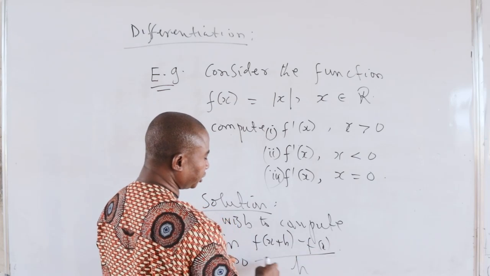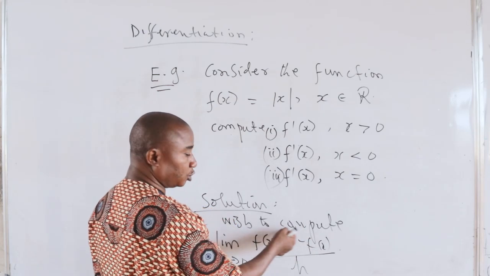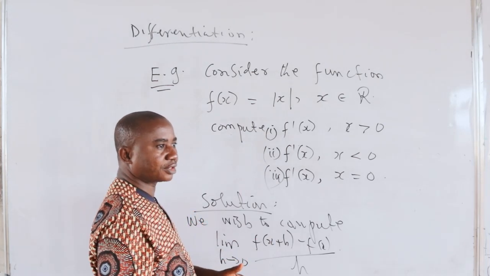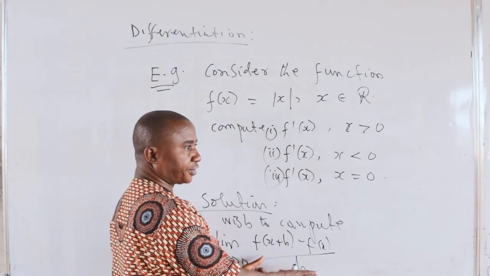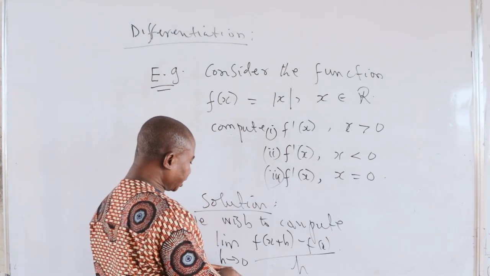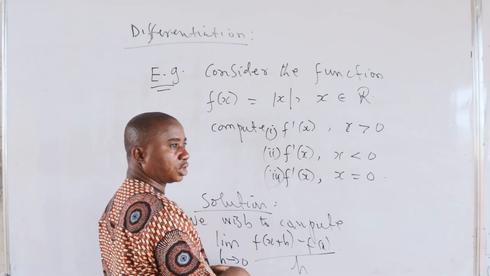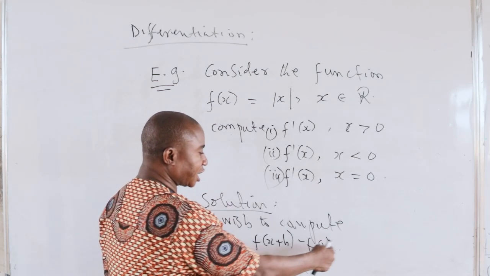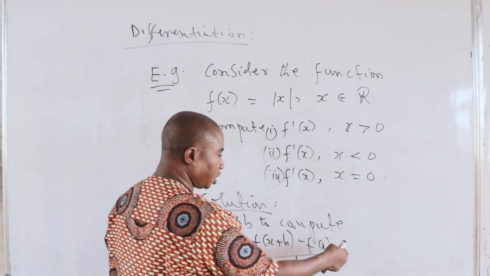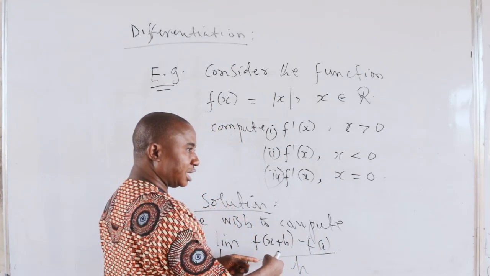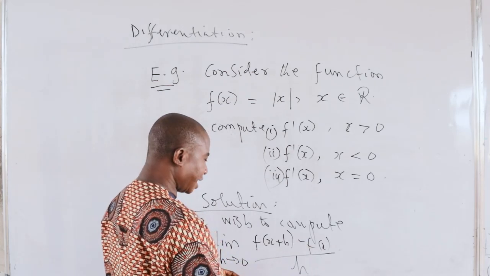When you simplify what is available on the quotient for you, and then get this last expression for the simplification, at that time, you'll be able to know whether when you take the limit as h tends to 0, that limit exists or not. If that limit exists, then you can say, oh, this is what the limit is. But if it does not exist, you'll be able to see that that limit does not exist.